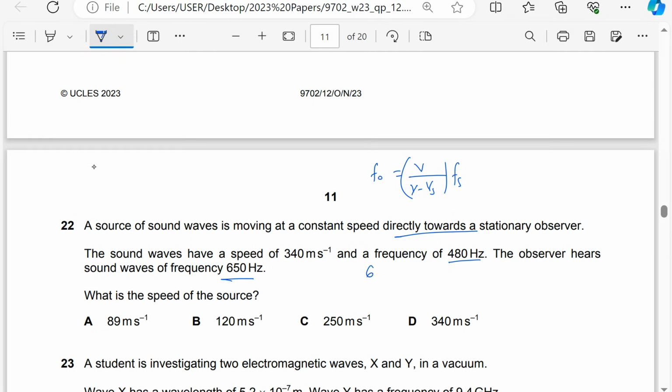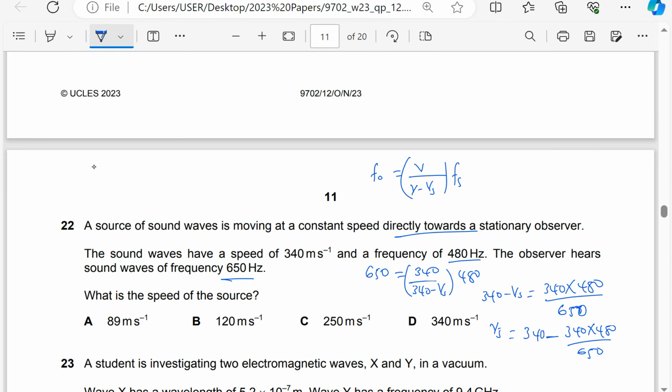So I will simply say 650 should be equal to 340 divided by 340 minus the speed of the source, then times 480, which means 340 minus the speed of the source is going to be equal to 340 times 480 divided by 650. So I will say v of the source is going to be 340 minus 340 times 480 divided by 650.